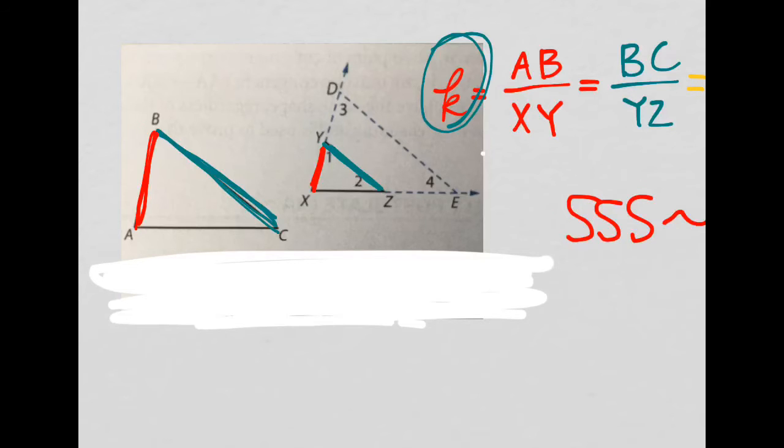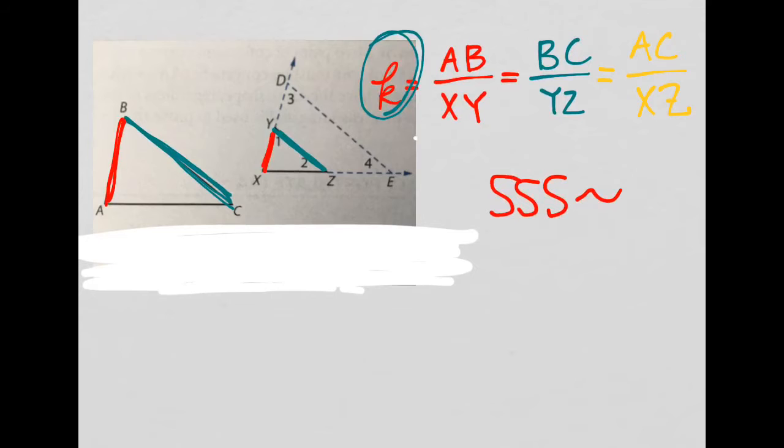If I divide those and I get the same value or the same scale factor, and if I take AC and I divide it by XZ, then I should have the same scale factor, and I then could prove all sides to be in the same ratio, and so therefore these triangles are similar.